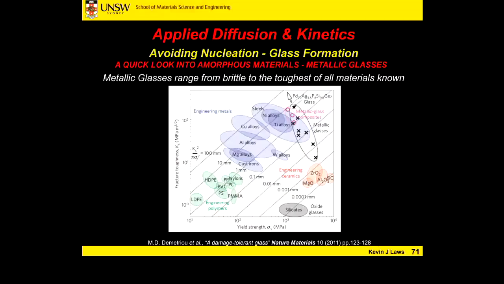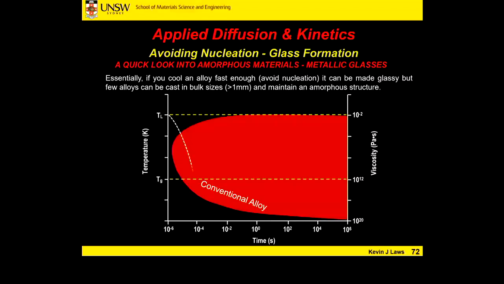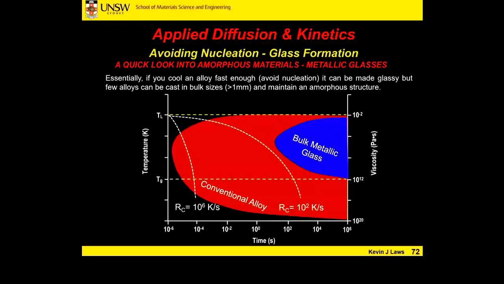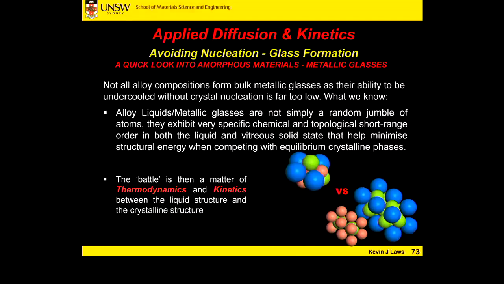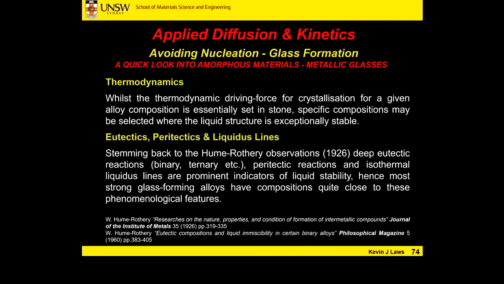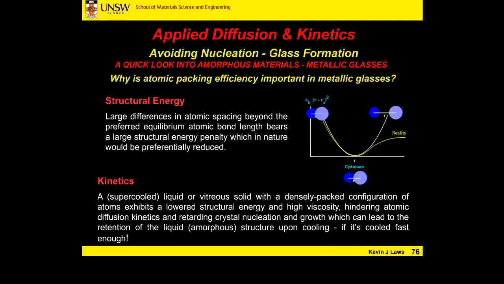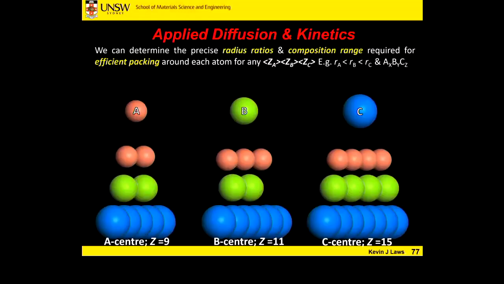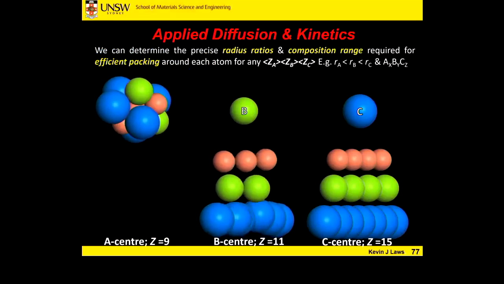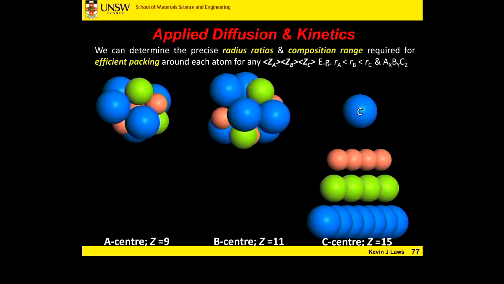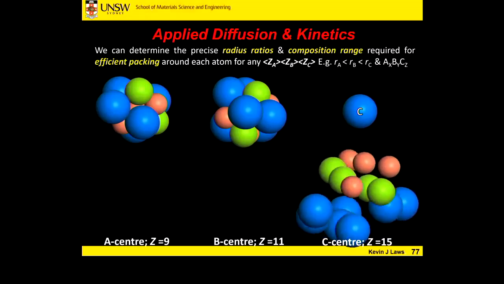We focused a little bit on metallic glasses, and how nucleation and growth in specific types of metallic liquids involve competitions between thermodynamics and kinetics. The viscosity of the liquid and the packing efficiency of the liquid all affect nucleation rates, which in turn affect the rate at which the new phase forms and grows.